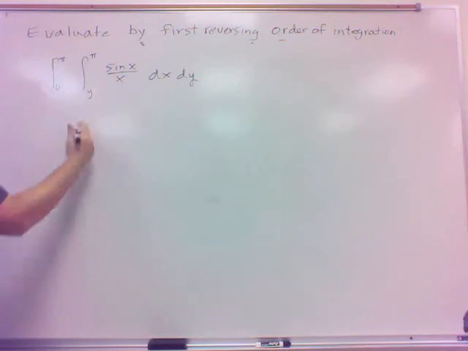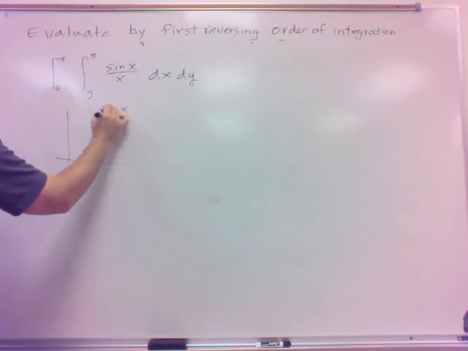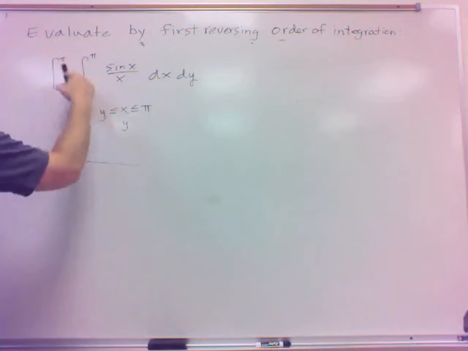All right, so what have I got for my area? This is saying the x is first, so x goes between y and pi, and the y goes from 0 to pi.